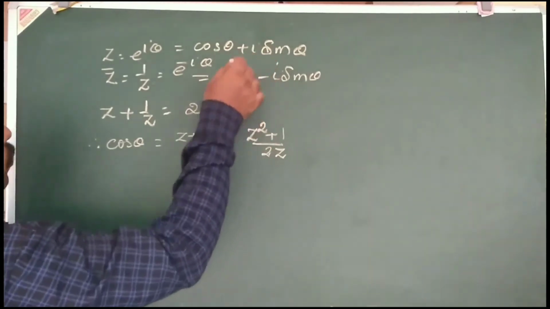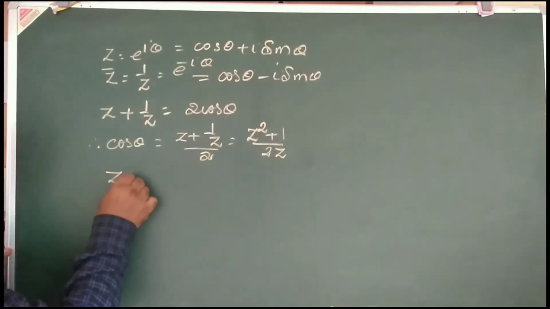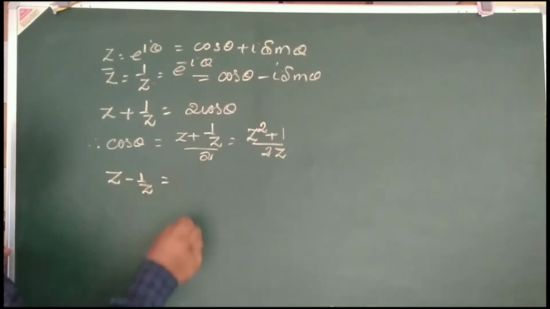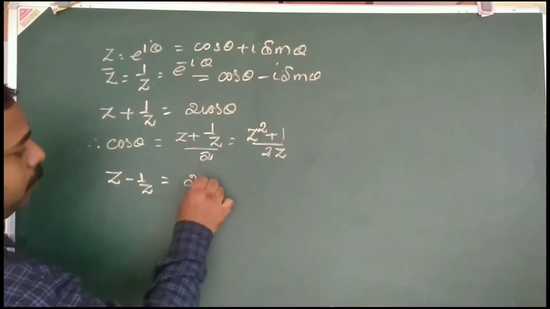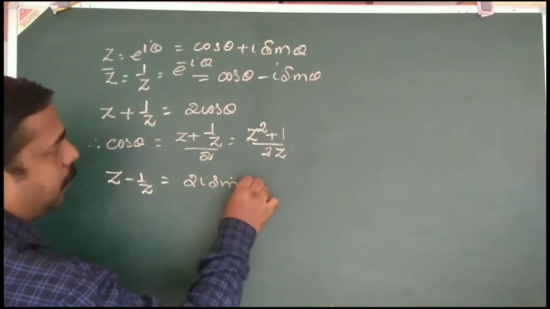Now you subtract this one. Then the cos terms cancel, leaving 2i sin theta.